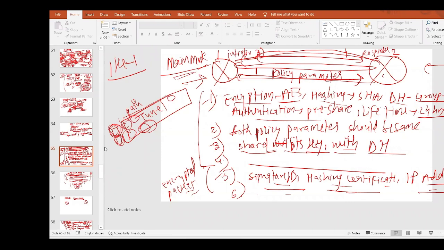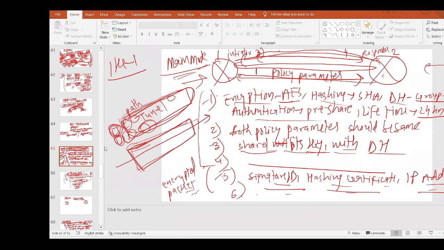Understood the difference? Phase 1 is a tunnel for the way, security of the way. Actually, it's not a tunnel kind of stuff, but the outer layer. Yes, it's a tunnel. That's why it's called a tunnel. It is for the way, the road, from where the data will be passing.